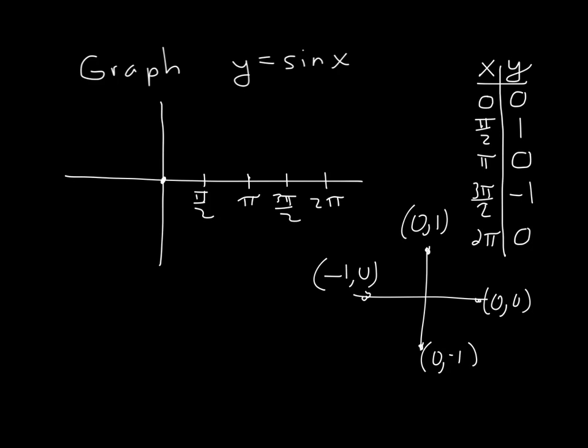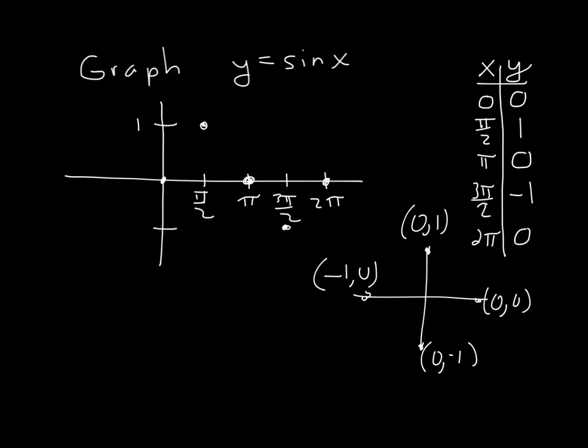So it's 0, 0. Pi over 2 is a 1, so we're going to go up 1, and pi over 2, 1. Then we go pi, 0, that's here. Then we go 3 pi over 2, negative 1, and then 2 pi, 0 again.